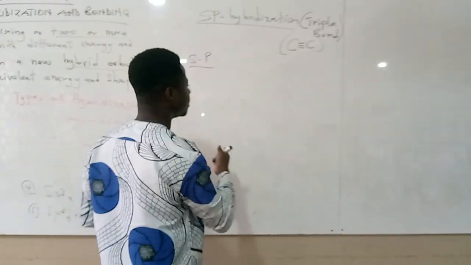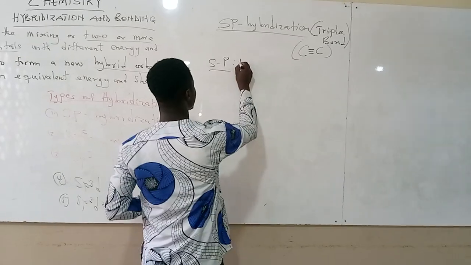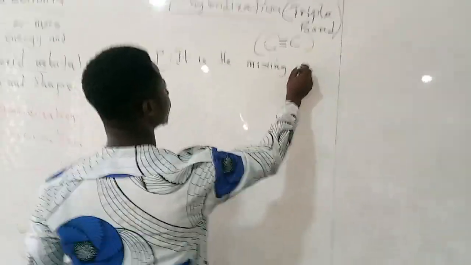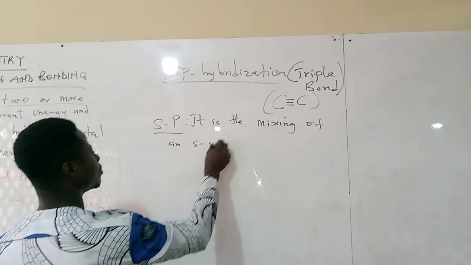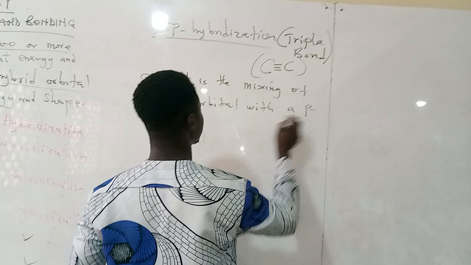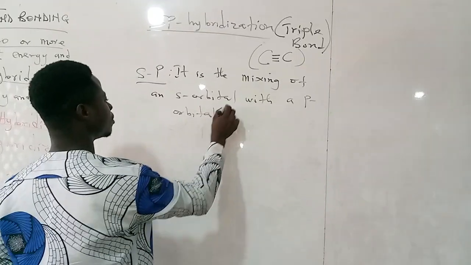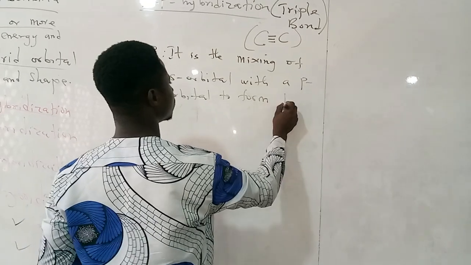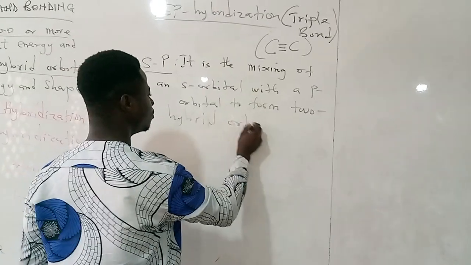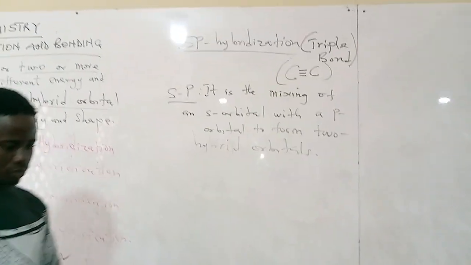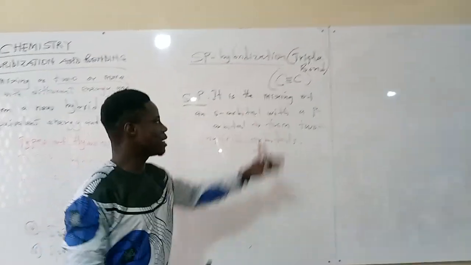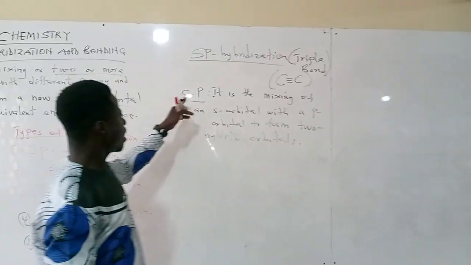So sp hybridization is the mixing of an s orbital with a p orbital.